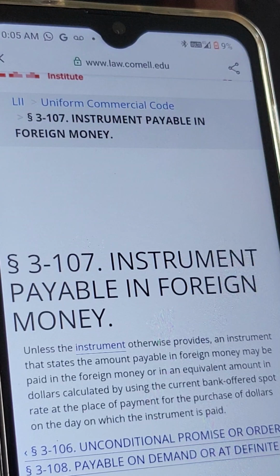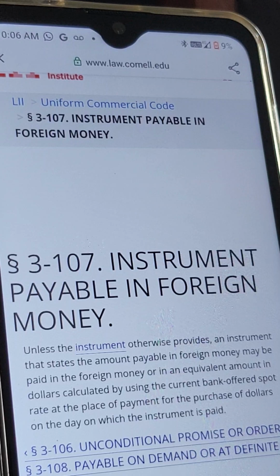You mean to tell me that I can make this payment in pesos or a currency that's higher than the United States, and they have to give me the equivalent? Am I reading this right?